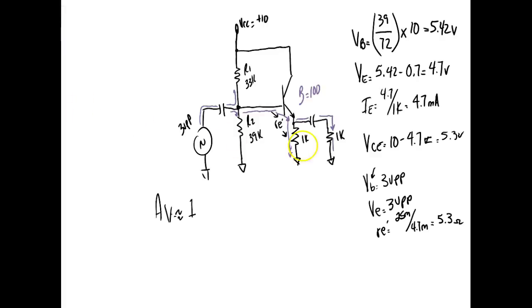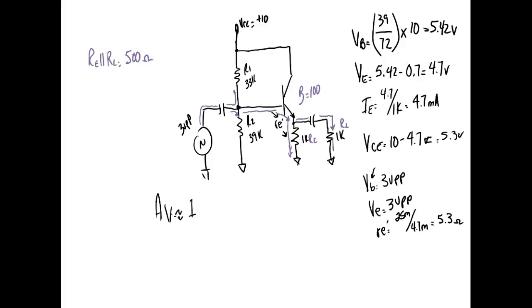So here we go. So first of all, let's go ahead and do this guy. So this is called RE, and they're calling this R load, right? So let's calculate that. So RE in parallel with the load is going to be 1K in parallel with 1K. They're the same size, 500 ohms, right? Everybody okay?